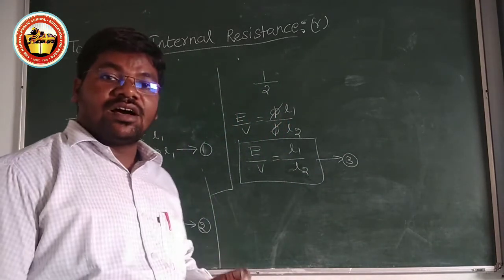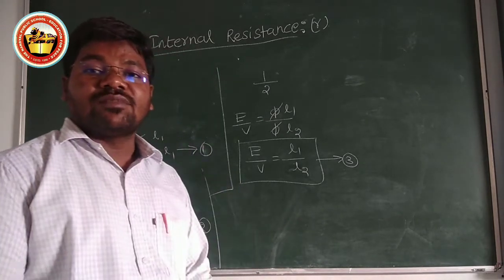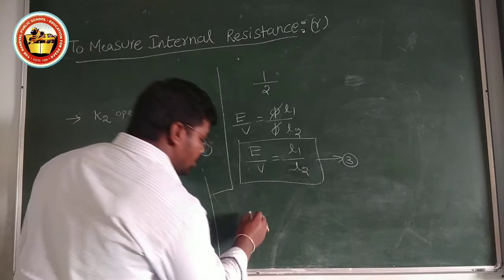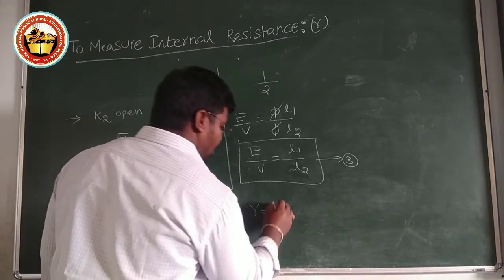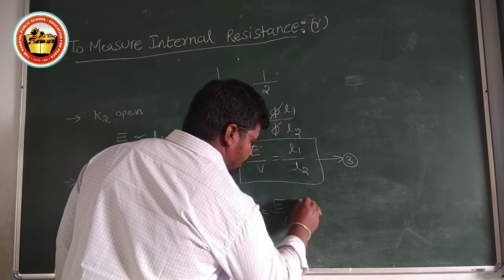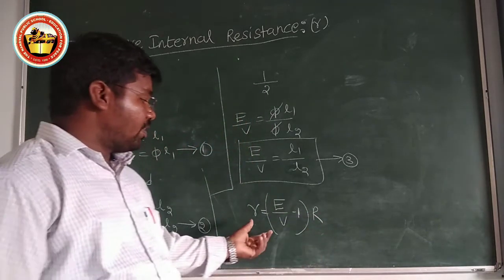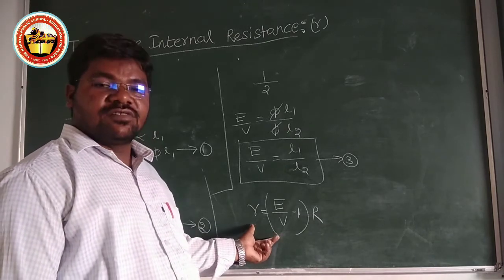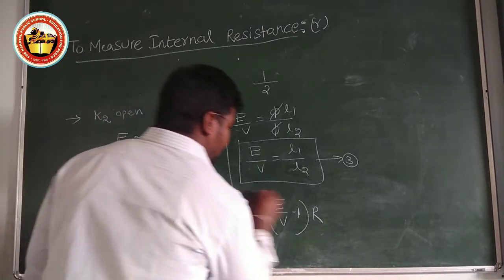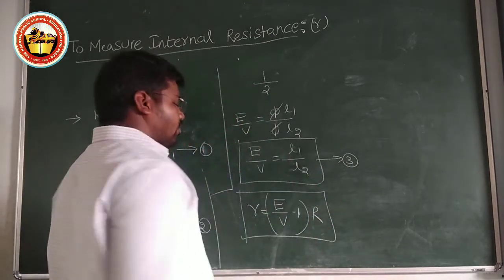According to the formula of internal resistance, what is the formula? Small r is equal to E by V minus 1 into capital R. This is the formula for internal resistance. We can substitute equation 3 in this formula.